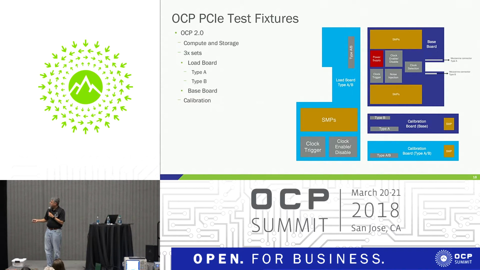There are two types of load boards: a load board for the type A connector, and a load board for the type B connector. Then there is a baseboard. From a feature and function point of view, they are very similar to the standard PCI SIG boards, like what they have for the CLB and CBBs. And along with that, each of these boards also has calibration boards, which we defined to help calibrate. So each test fixture can be calibrated independently.